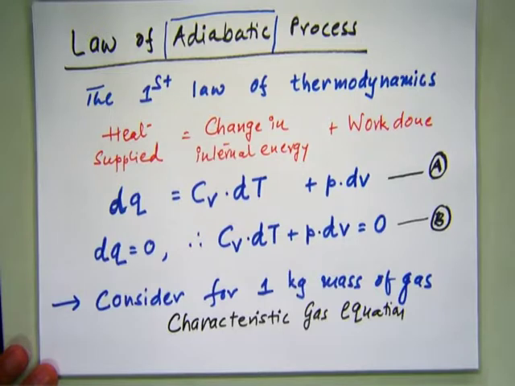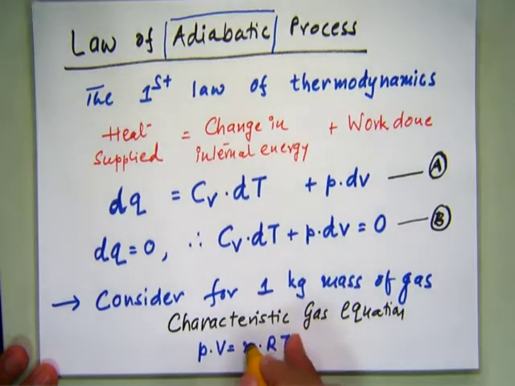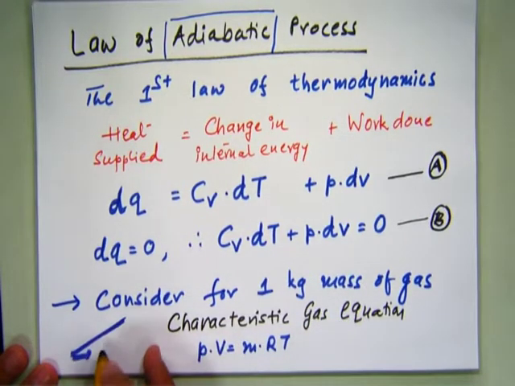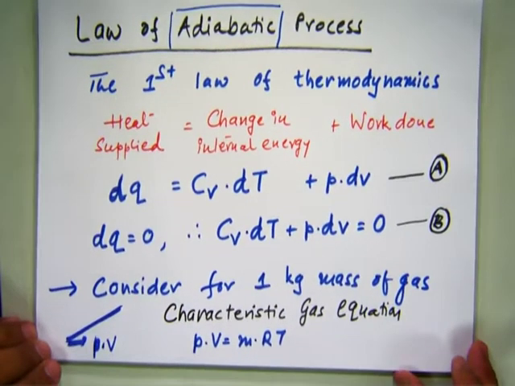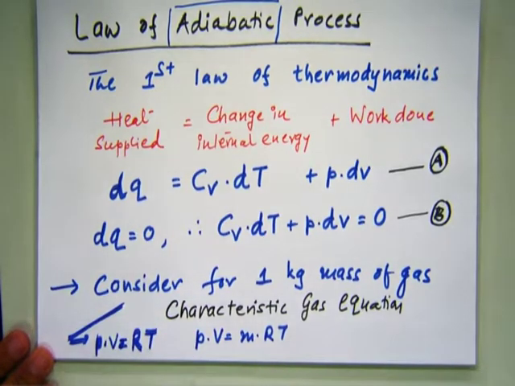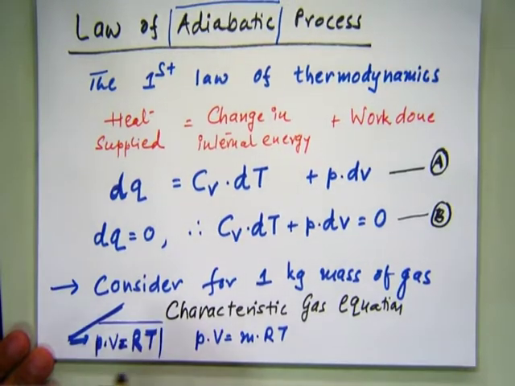What is the characteristic gas equation? P into V is equal to mRT. When m is equal to 1, for 1 kg of mass, P into V is equal to RT.